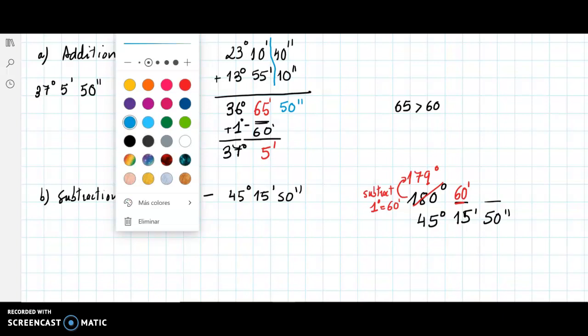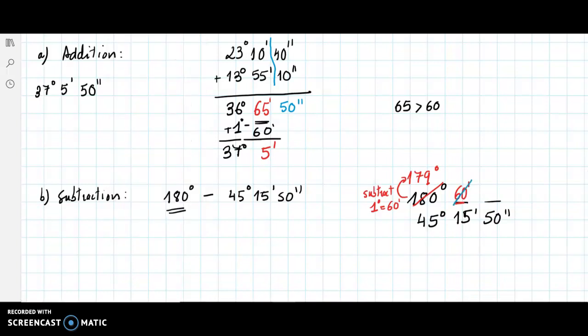With the seconds, we have the same problem. We don't have any number for seconds. So I'm going to subtract 1 minute here, so I will have 59 minutes. And this way I will have 60 seconds, because if we subtract 1 minute, we get 60 seconds that we put here.